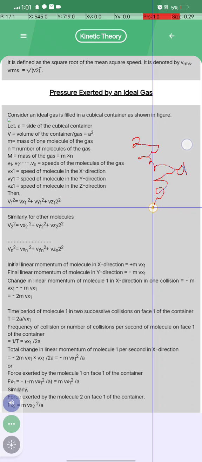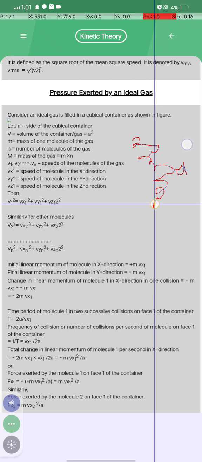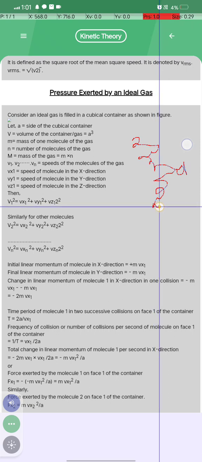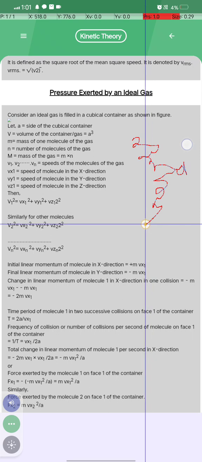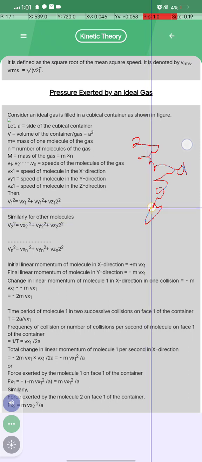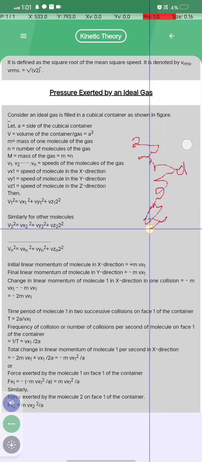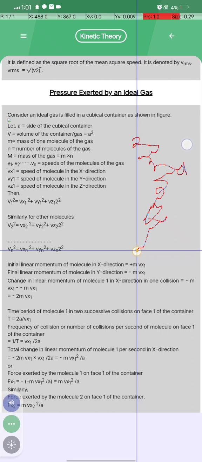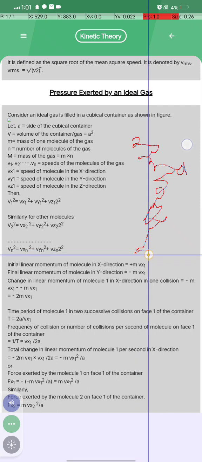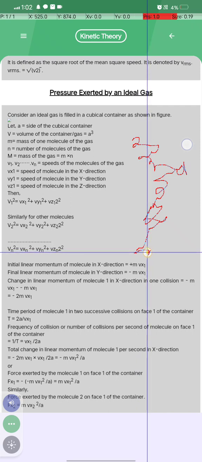Then v1 square is equal to vx1 square plus vy1 square plus vz1 square. Sorry, it is vz1 square, I made a mistake. Similarly for other molecules, v2 square is equal to vx2 square plus vy2 square plus vz2 square. And similarly here, vn square is equal to vxn square plus vyn square plus vzn square.